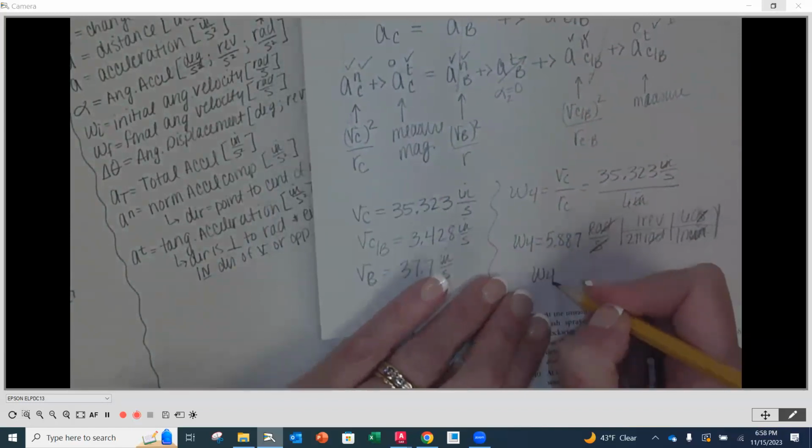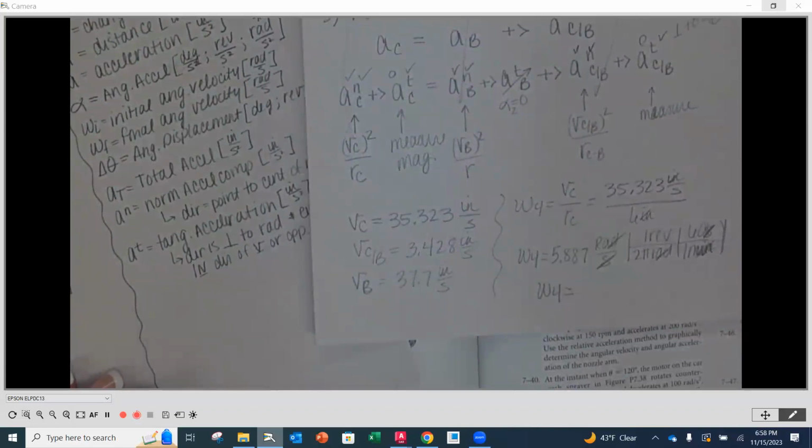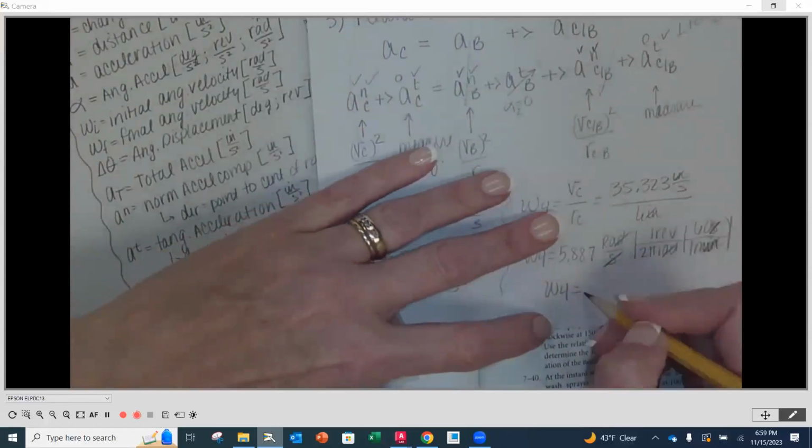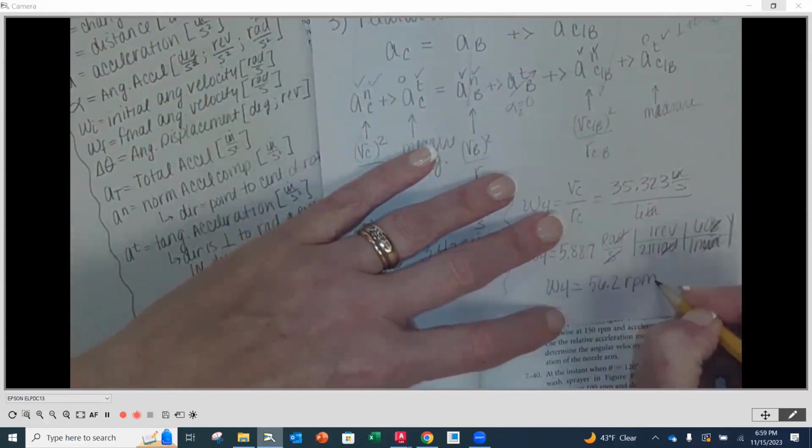So our W4 officially is 56.2, and that would be RPMs.